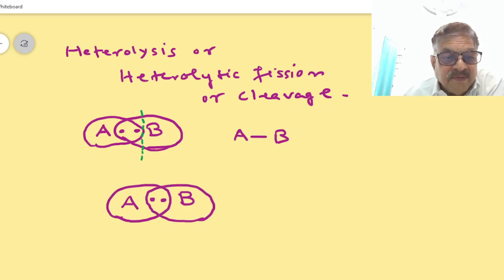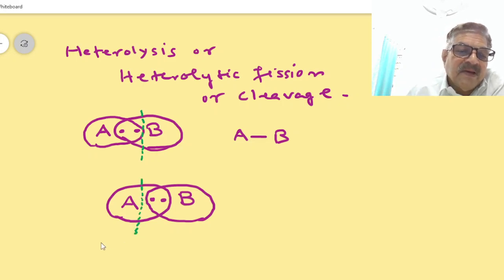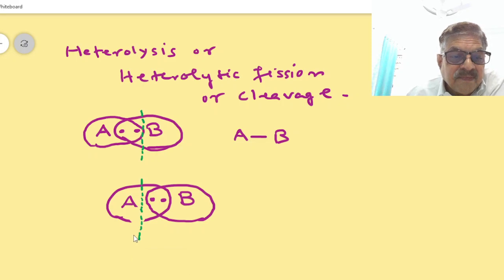So like this, there can be a bond cleavage here. What will happen in this kind of situation?